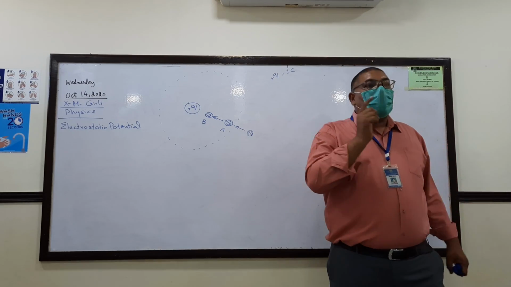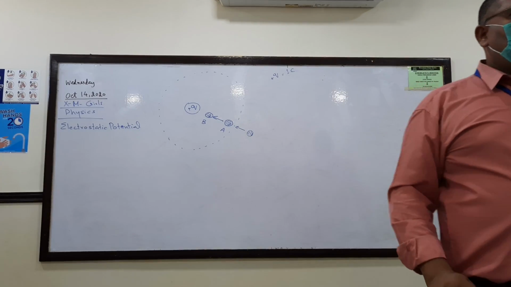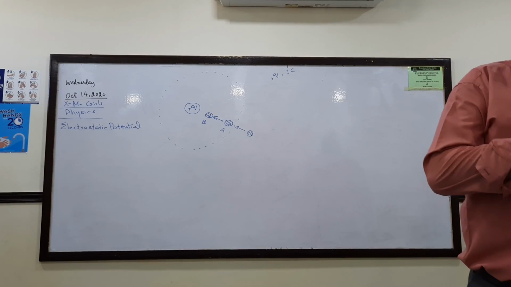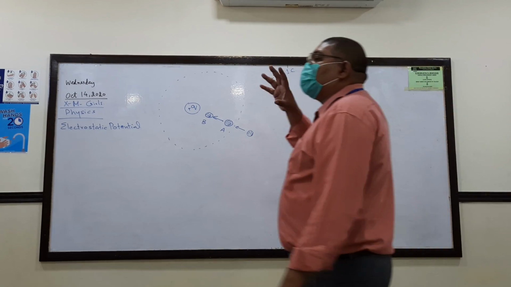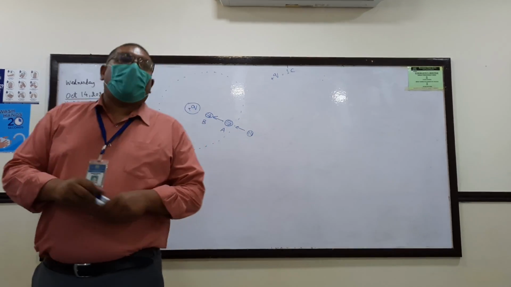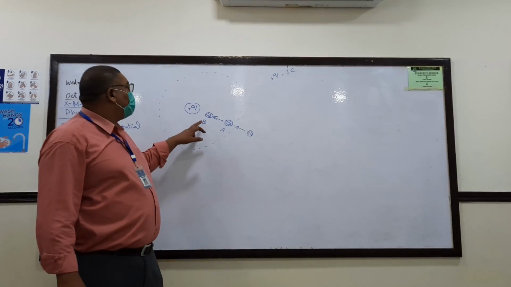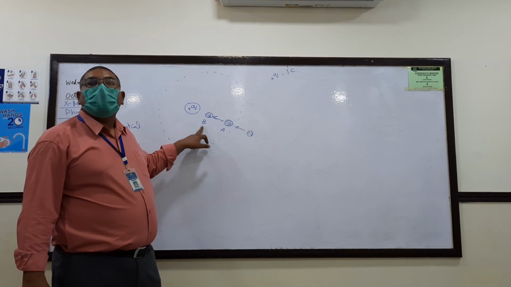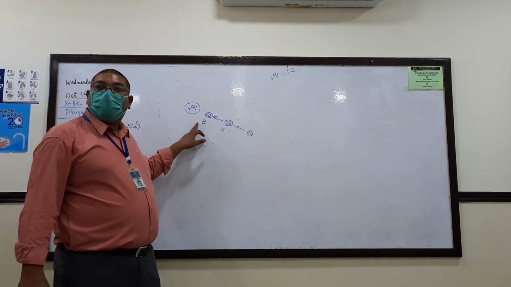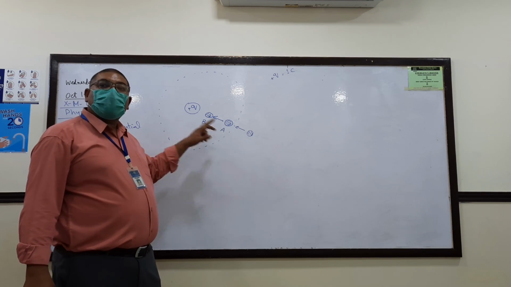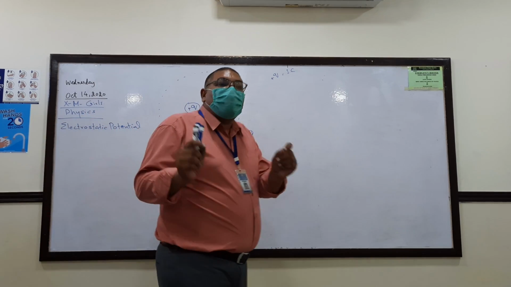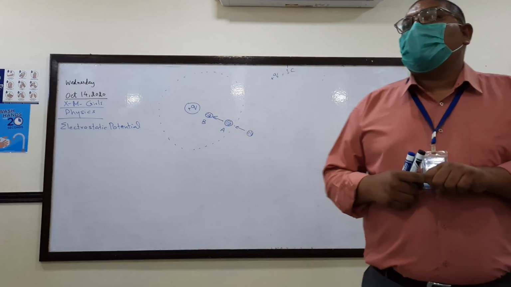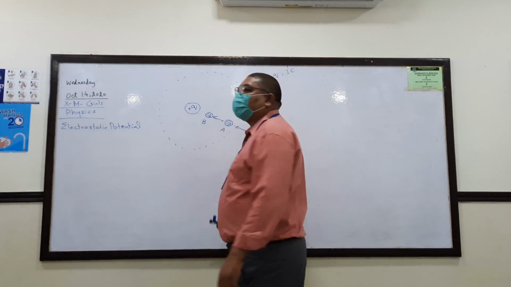So the amount of work which you did to move a unit positive charge from infinite distance to a point in the electric field, the work you did on that unit positive charge, that is called the potential at that point.